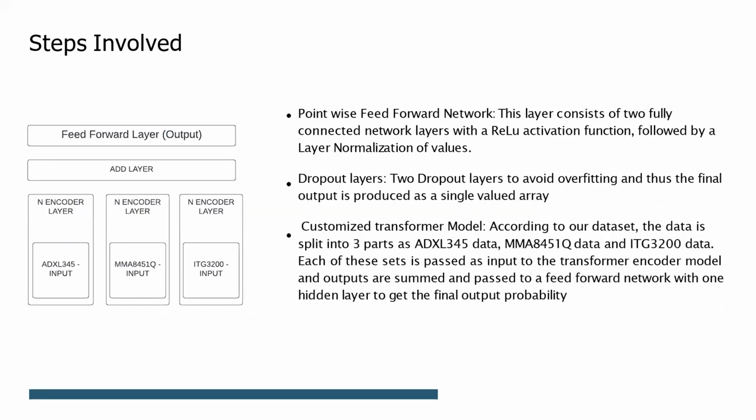The customized transformer model. So the base transformer model, as we can see in the previous slide, has this entire stack of encoder layers, and then we have used the customized transformer model, wherein this entire base model follows the steps mentioned.